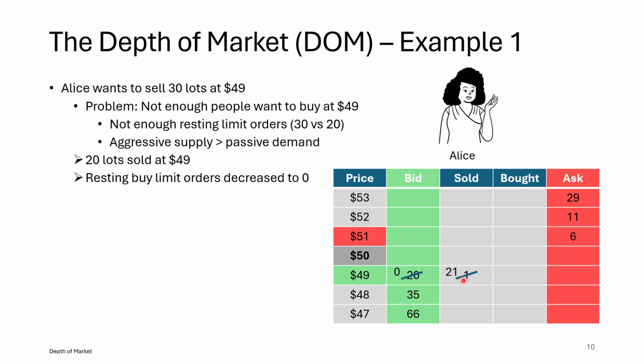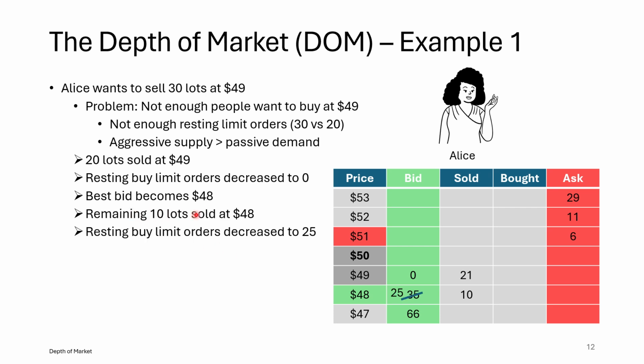And also the number here in the sold column increases from 1 to 21, indicating that another 20 lots have actually been sold at that price level. And now the best bid becomes $48. So the price goes down, right? Because there are no more resting orders here at that price level. So price has to go down to where more resting orders wait to be filled.